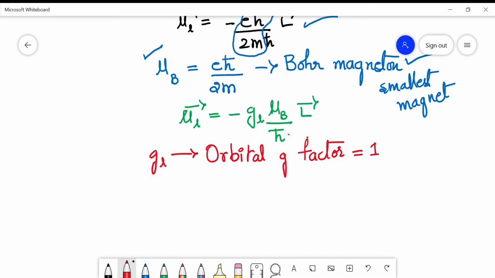This will be the final expression for the magnetic moment due to orbital motion of the electron. Let me write it here again.